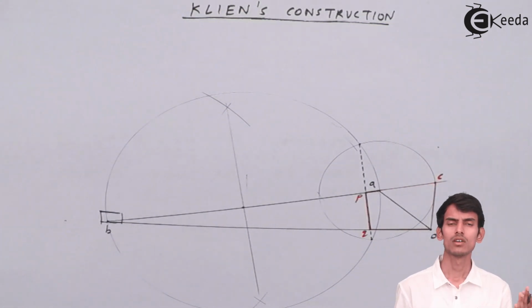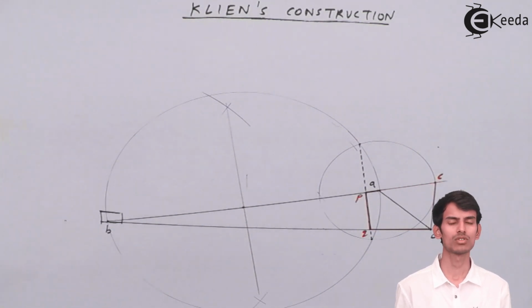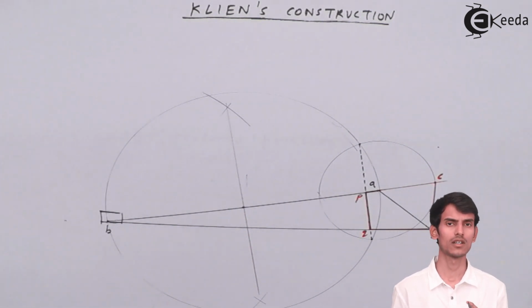So it has to gain velocity, become zero, and gain velocity again. The acceleration of the slider is given by the length OQ, and since it is horizontal, OQ represents the acceleration of the slider.